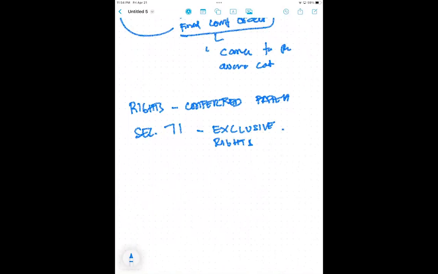Okay? Where the subject matter of patent is a product, patent will give the exclusive rights to make, use, offer for sale, sell, or import the product.